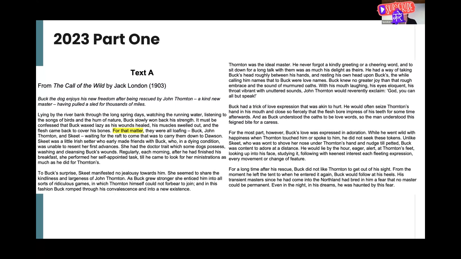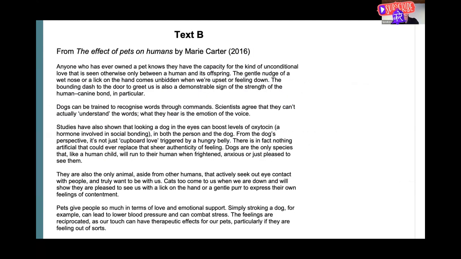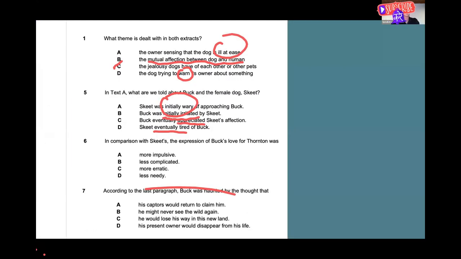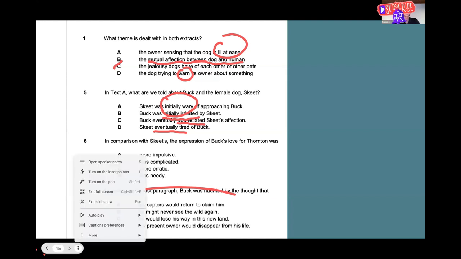When we look at the implicit meaning of this, they made friends, they were friendly, and Bok was happy with it. He was unable to resent those first advances. So what we can do from this is narrow down our answers.